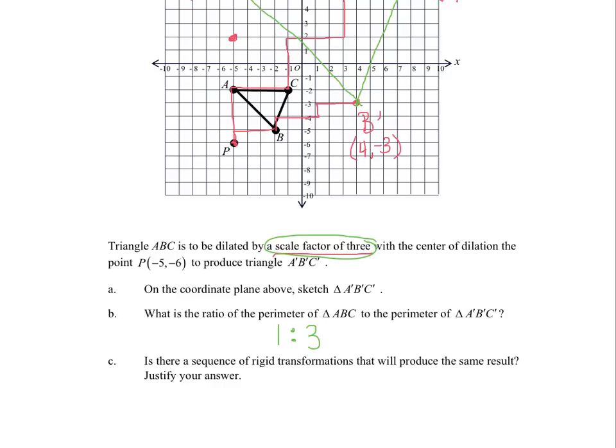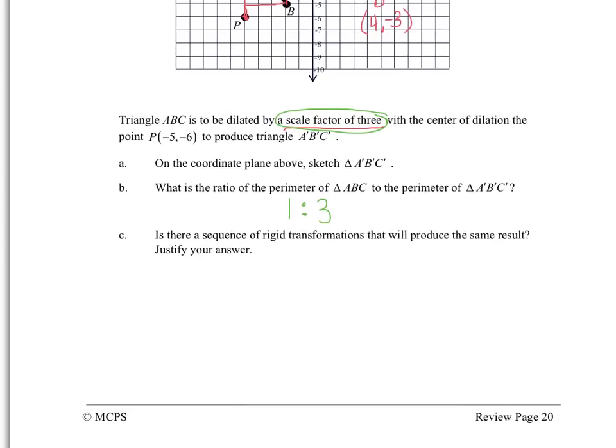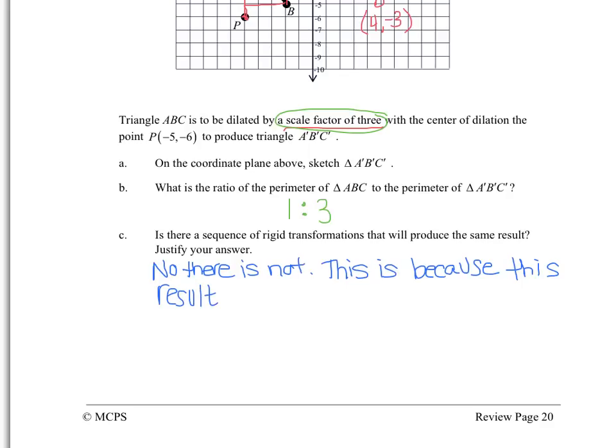Finally, is there a sequence of rigid transformations that will produce the same result? Justify your answer. Well, hopefully you know that no, there is not. The reason why is because this result, our triangle A prime, B prime, C prime, is 3 times bigger than triangle ABC.